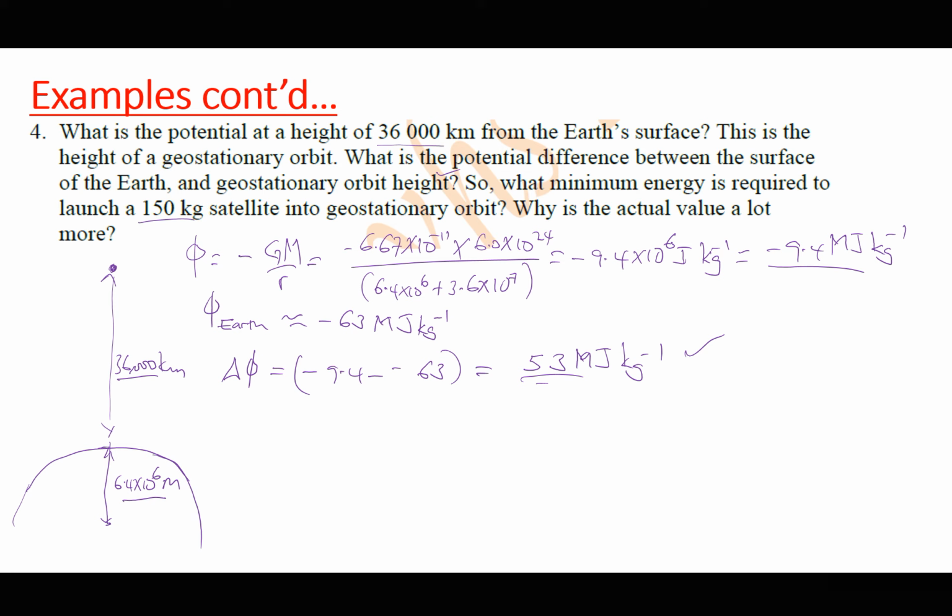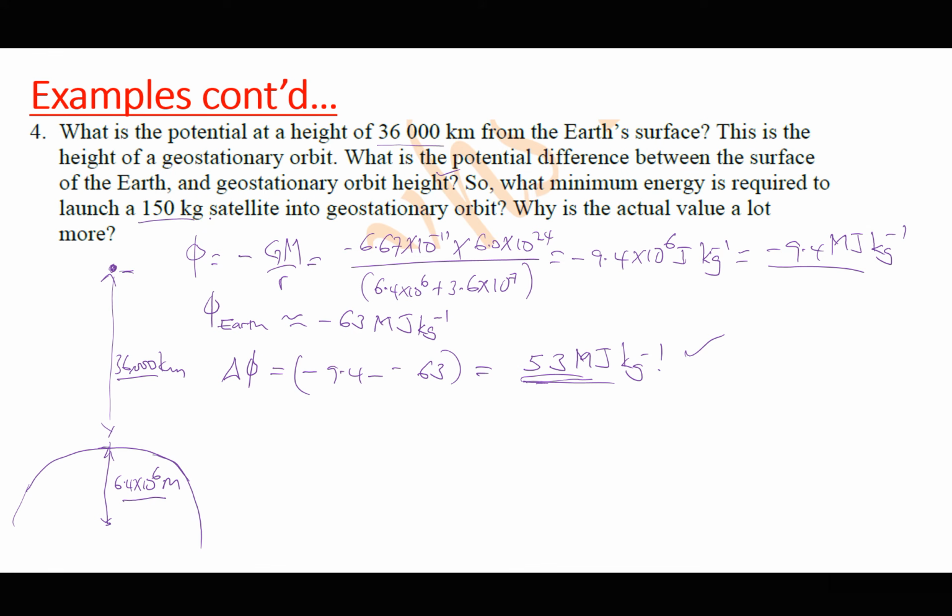Earlier on, we have already known that the potential difference between the Earth's surface and the geostationary orbit is this value here, which we have calculated, and it is positive. So for 1 kilogram, we need this energy to take it from the Earth's surface to this height. Now we have 150 kilograms.